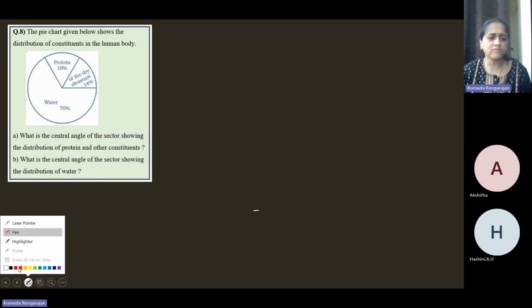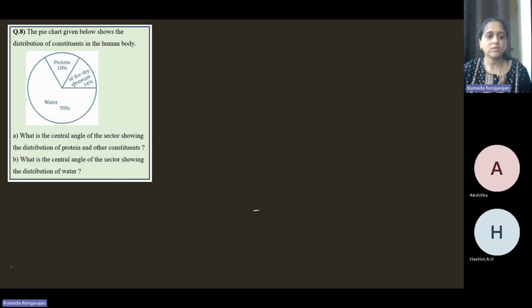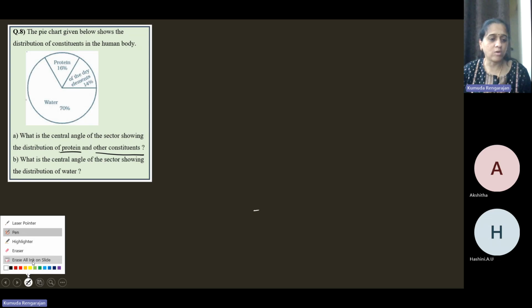See, this is protein, this is dry elements. So when they say distribution of protein and other constituents, are they asking for everything? Okay, we'll find the sector angle for all.